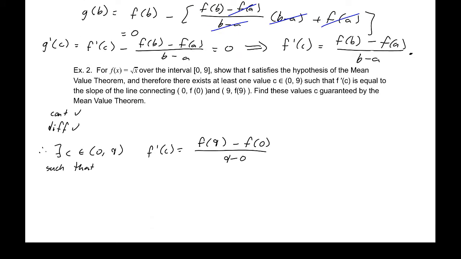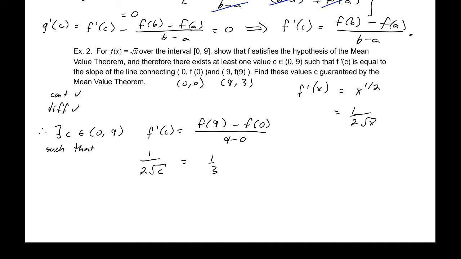Now, this implies, since the derivative of that function, x to the 1/2, is 1/2 x to the negative 1/2, that we get 1 over 2 square root of c in this case. Now, f of 9 is 3, so this is 3 over 9, and that slope is going to be 1/3. So we know that at some point these two are equal.